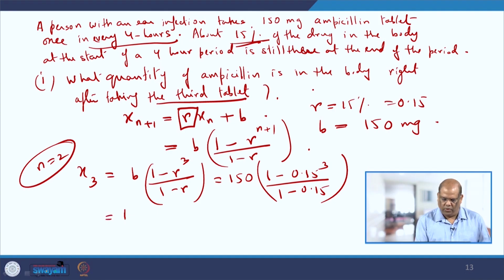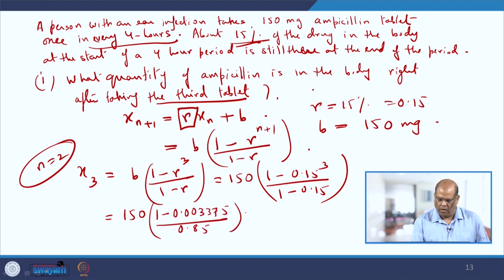So, this gives you 150 into 1 minus 0.003375 divided by 0.85, which is 150 into 0.99665 by 0.85, and which gives 175.875 milligram.